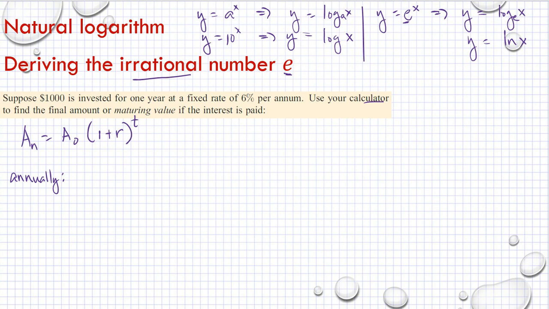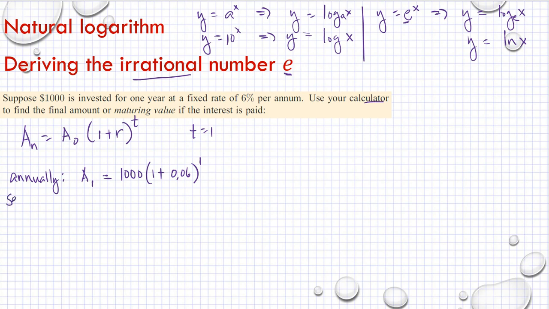So annually should look like this for 1 year. Let's say our time is equal to 1. We're thinking about 1 year, so that is the initial value. Then we have 1,000 multiplied by 1 plus 0.06, and it is raised to 1.